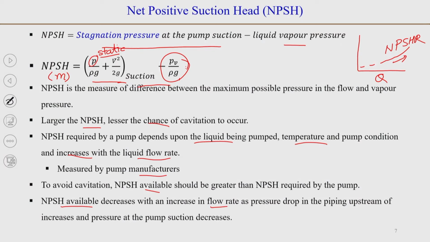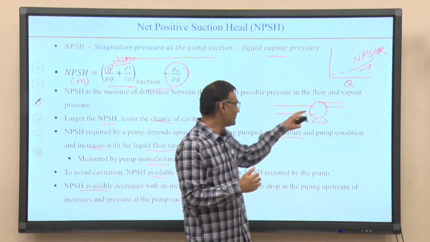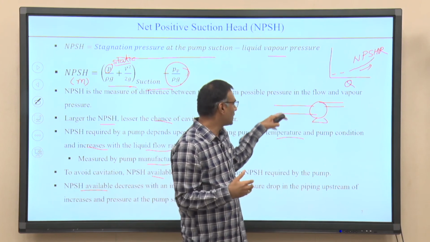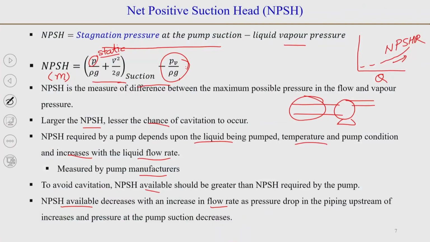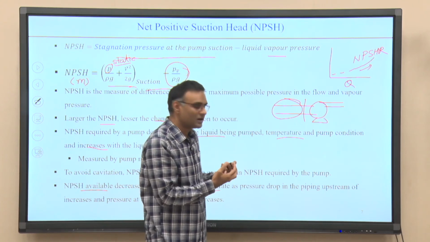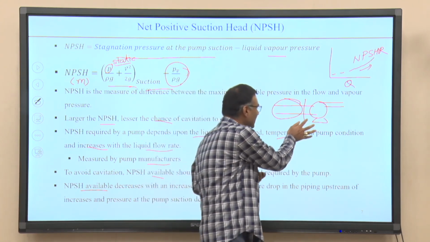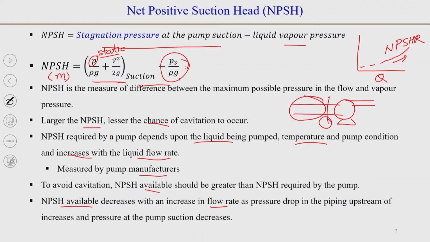So, if you have a pipeline and a pump is being installed in the pipeline, and you increase the flow rate, then the losses here will increase. When the losses increase, the pressure at the suction side will decrease. The more the flow rate, the more the losses, and the lesser the suction side pressure.